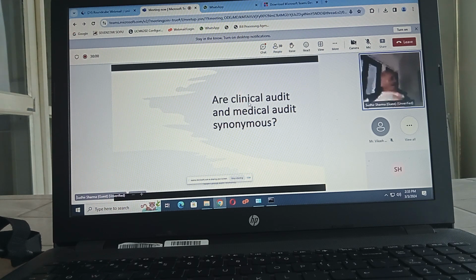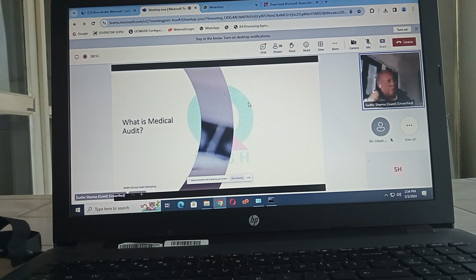Medical audit. Insurance employee. So we now need to understand that medical audit and clinical audit are also 2 different terms. So for that, let us try and understand what is medical audit. It is nothing but peer review. It is evaluating whether the correct term of treatment was given to the patient.